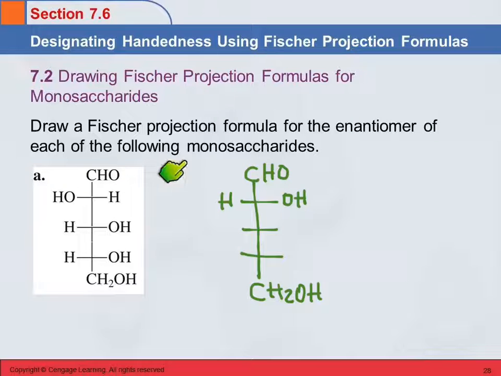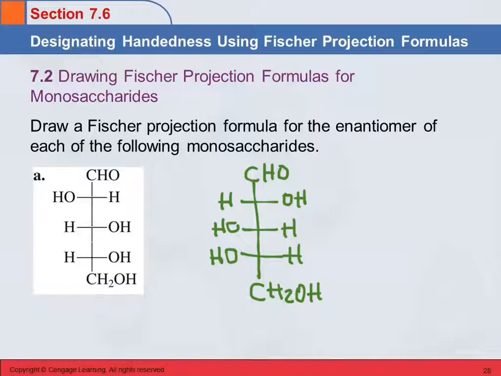So these are mirror images of each other. And then I'm going to do the same for the next one and for the last one. Okay? Now, which of these is the D isomer? What does D mean? The D means the bottom OH is on the right. So that would be this guy, right? This is the OH being on the right.